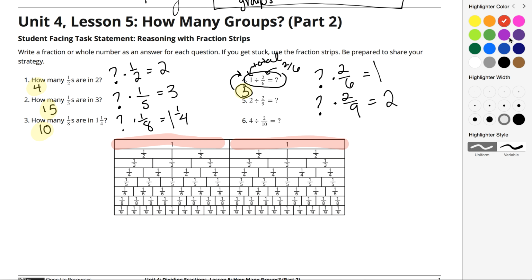Here's 2 wholes. Now my groups are the size of 2 ninths. So down here you see the 1 ninths, but I need 2 of them to make a group. So that's 1 group, 2 groups, 3 groups, 4, 5, 6, 7, 8, 9 groups. So I'm going to say 9 for this one.